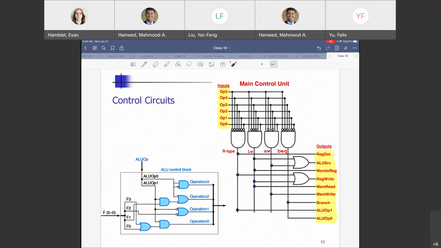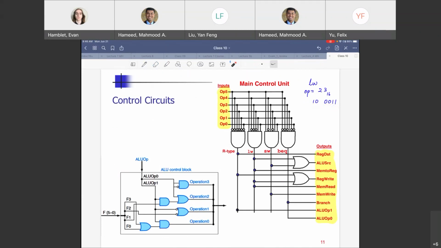So if I go back over here and say load word, the opcode field is 23 in hex. 23 in hex corresponds to what? 0010 and 0011, right? In binary. And I'm looking at it as a 6-bit sequence, so I'll forget about these two zeros there. So 10, 00, 11, right?